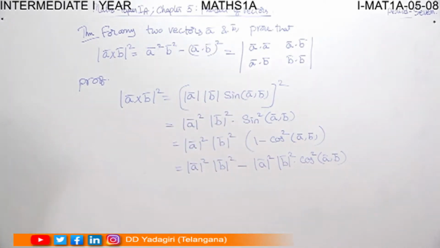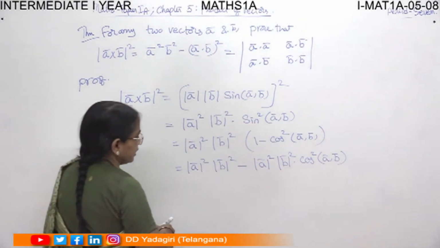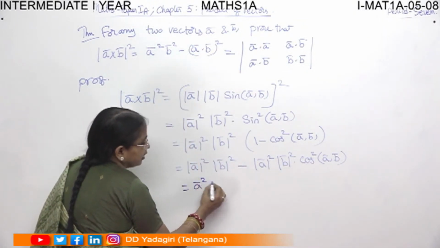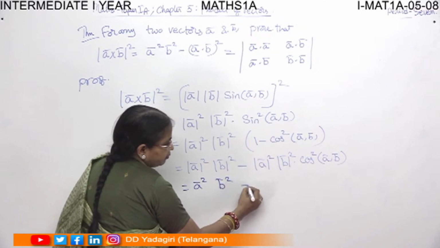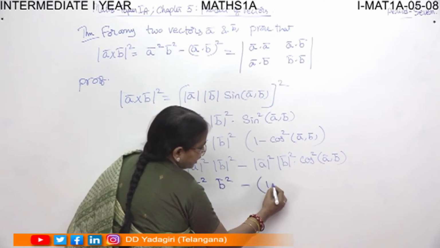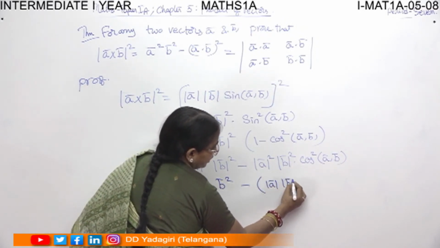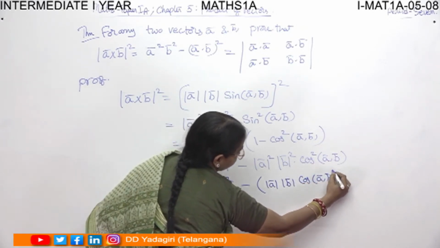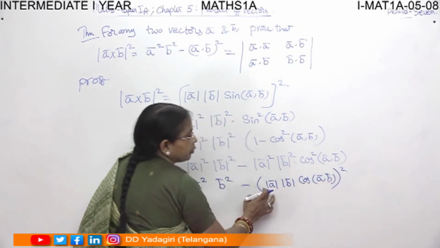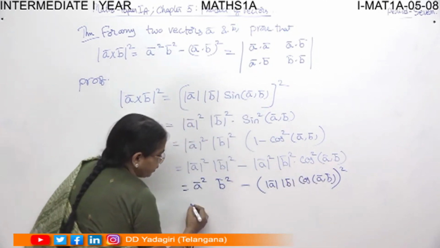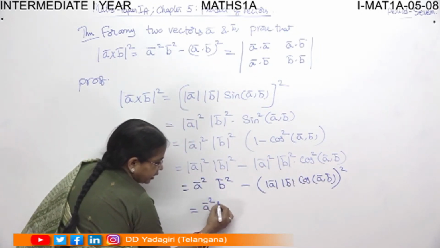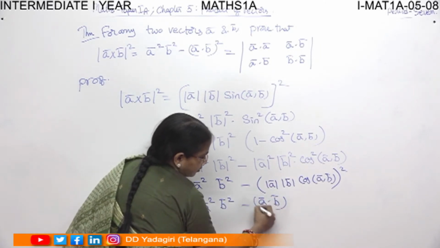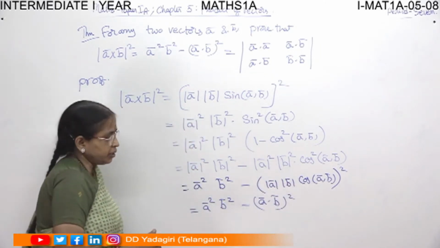So this I can write as A square B square minus mod A mod B cos of the angle between AB whole square. Mod A mod B cos of AB is nothing but A dot B. So I can write A square B square minus A dot B whole square. You know the formula.